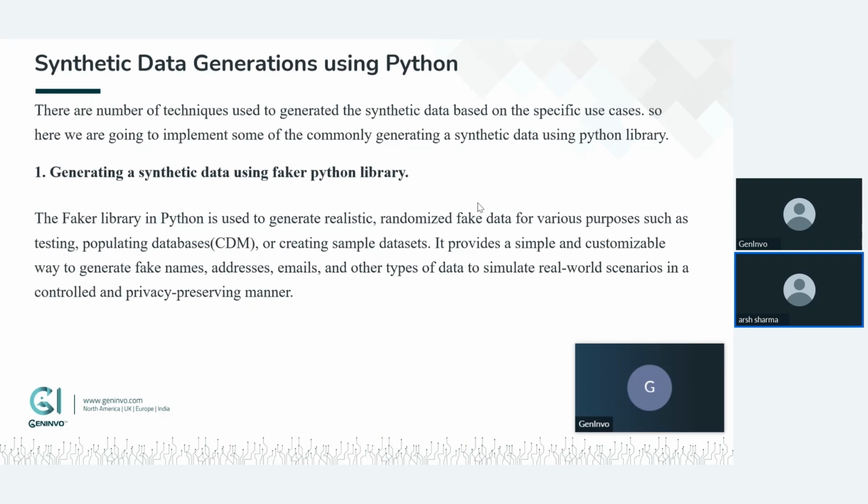First is generating synthetic data using the Faker Python library. This is used to generate realistic randomized fake data for various purposes, such as testing or populating databases, CDM, or creating sample datasets. It provides a simple and customizable way to generate fake names, addresses, emails, and other types of data to simulate real world scenarios in a controlled and privacy preserving manner.